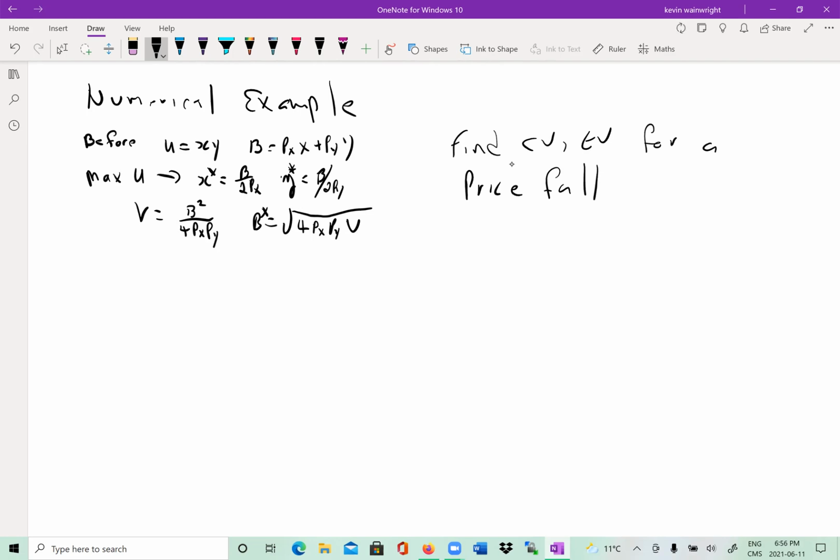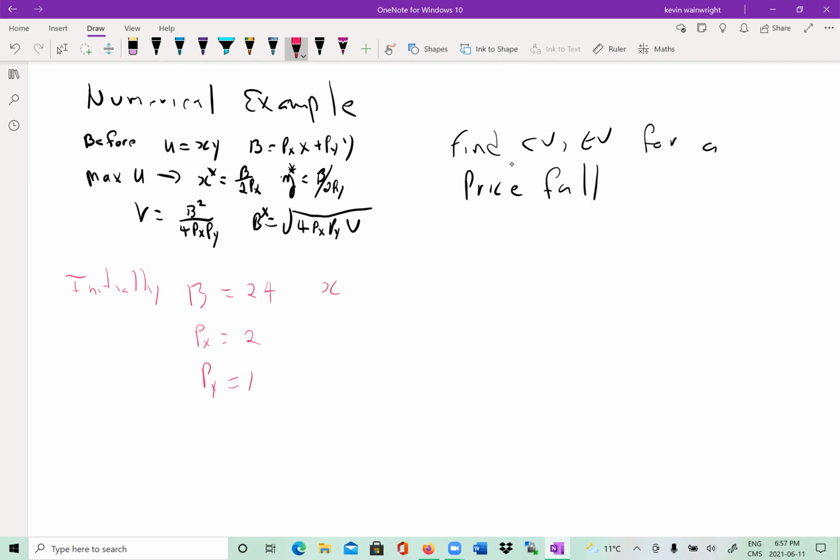Okay, so we're going to let initially B equal 24, price of X equal to 2, and the price of Y equal to 1.